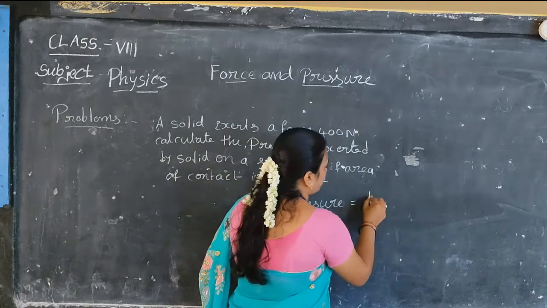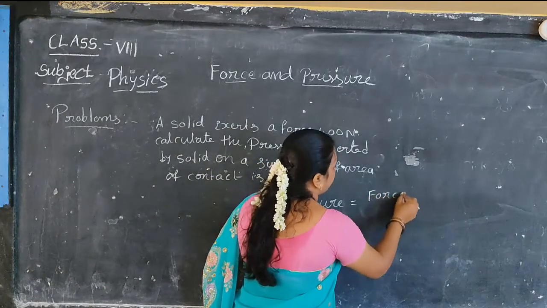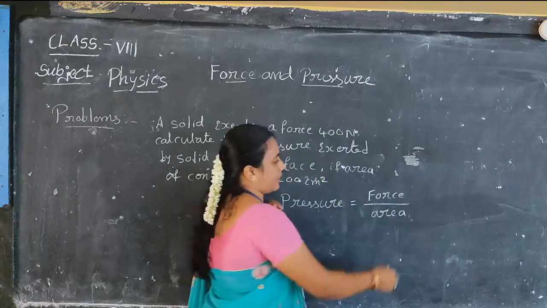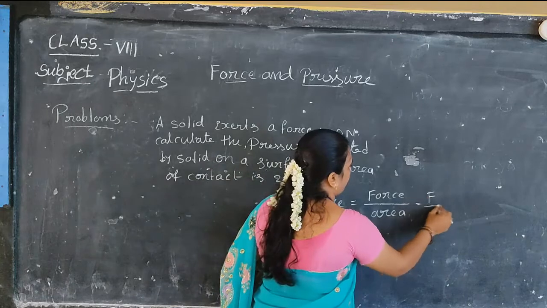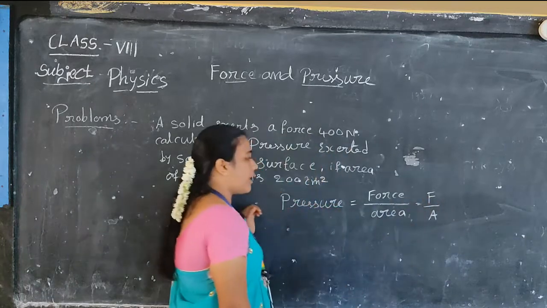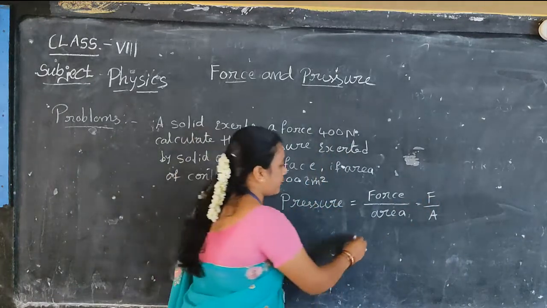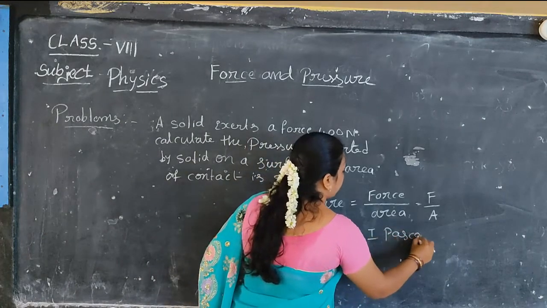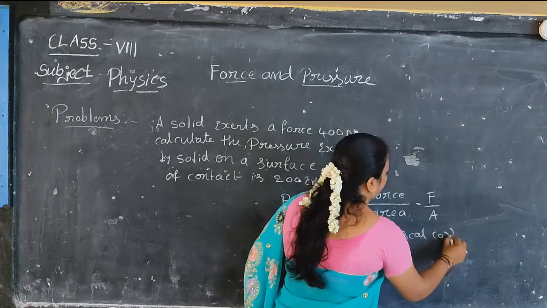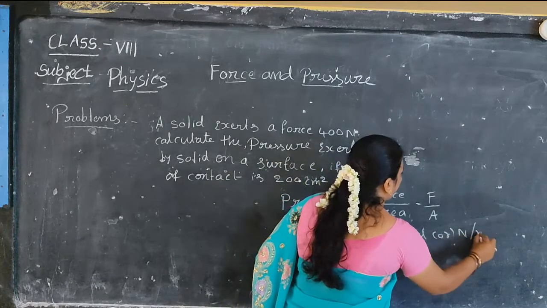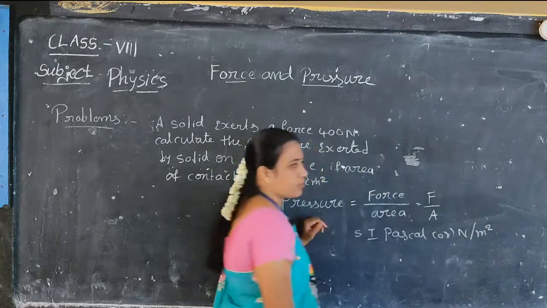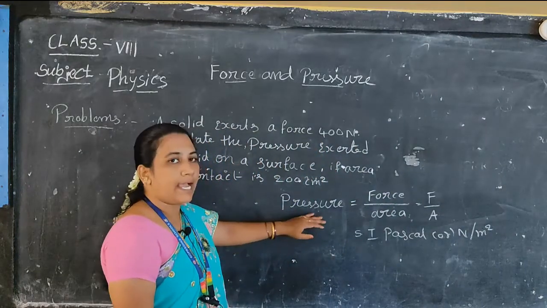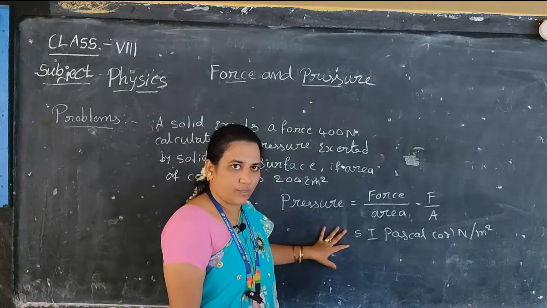Pressure is equal to force by area, so we can write F by A. What is the SI unit of pressure? The SI unit of pressure is Pascal, or we can write Newton by meter square. Yes or no? In the previous class we discussed the definition, the formula and the units.